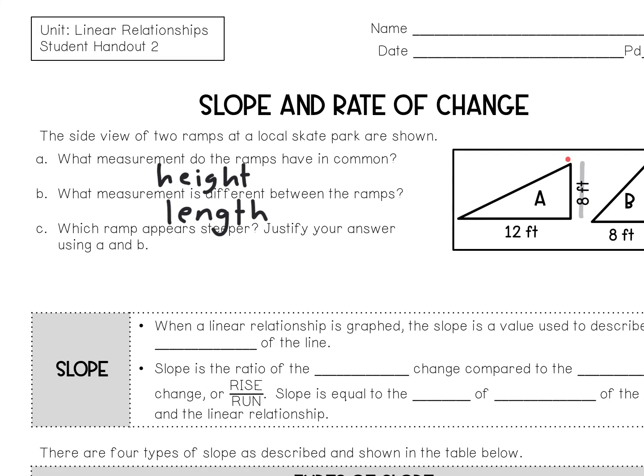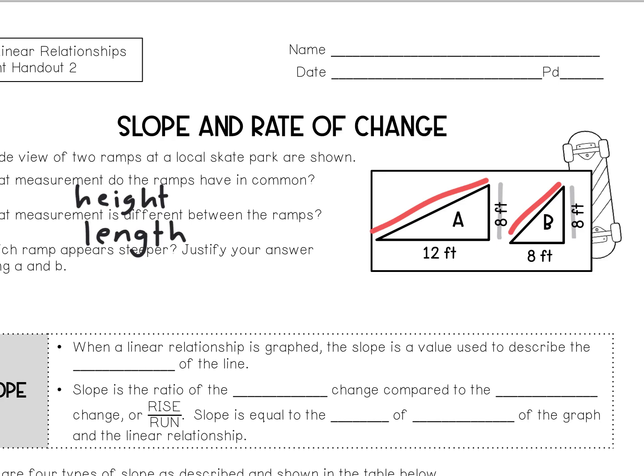And so because of this, which of these appears to be steeper? Steeper. Oh, B. Which one, A or B?